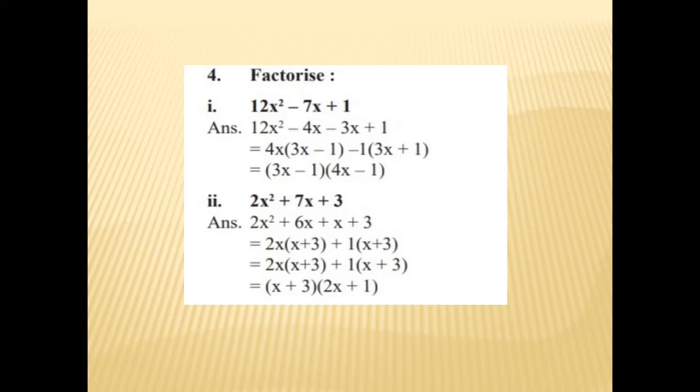Next one, factorization. Already you learned about factorization in 8th standard. In this case, the coefficient of x square is 12. The coefficient of constant is 1. 12 into 1 is 12.